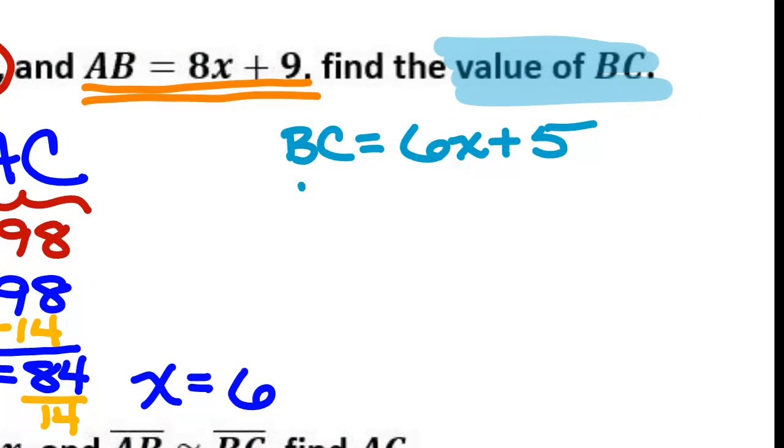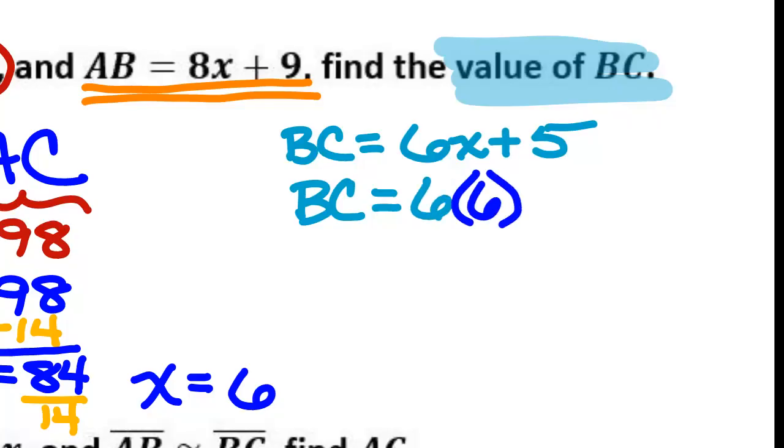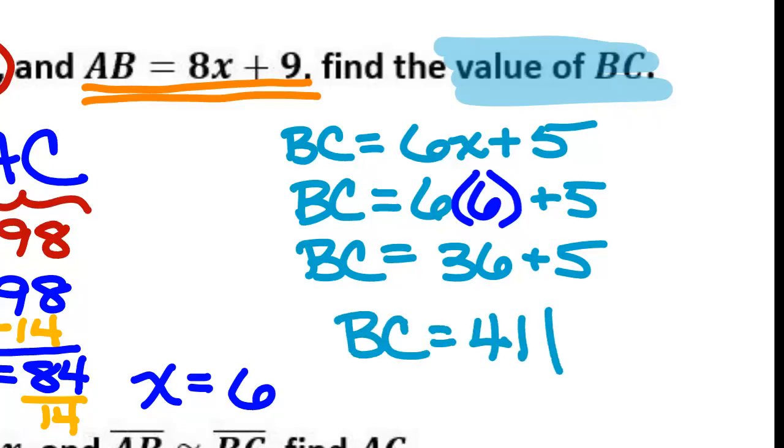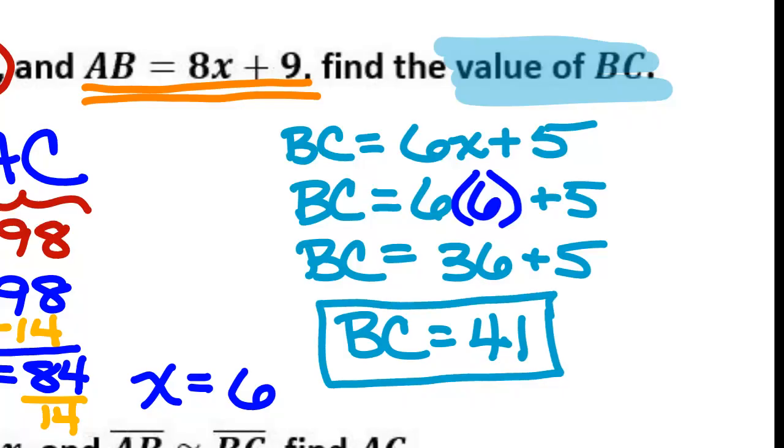Yes, I love it. We're going to substitute that 6 that we just found in the place of x. So I have 6 times 6 plus 5, and that is 36 plus 5. What is 36 plus 5? 41. So BC is 41.